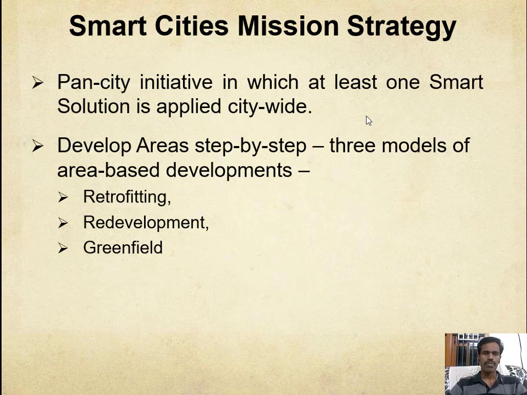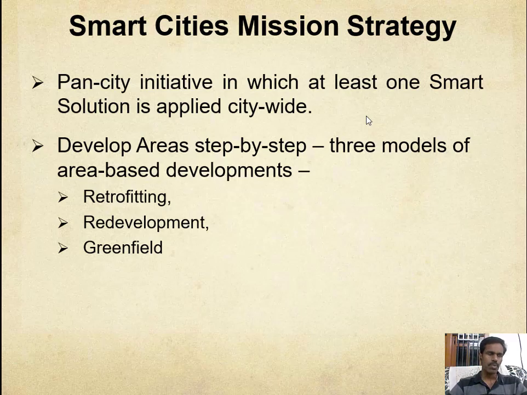Second, we have retrofitting, redevelopment and greenfield. These are the three models to develop a particular area. Retrofitting means the already existing old one incorporates the new technology or new concept, and that is called retrofitting. Redevelopment: we already have some development in the particular city, and maybe some flaws may be there in the existing development, therefore we have to redevelop it.